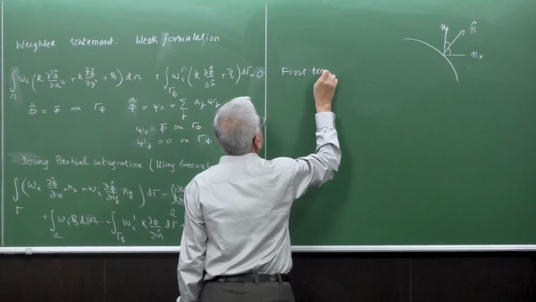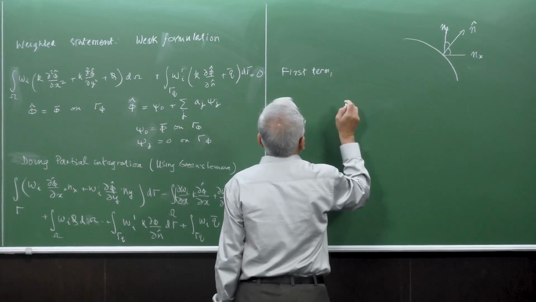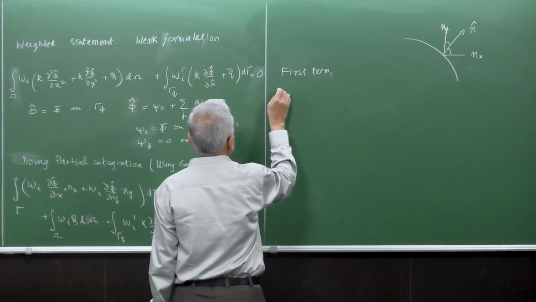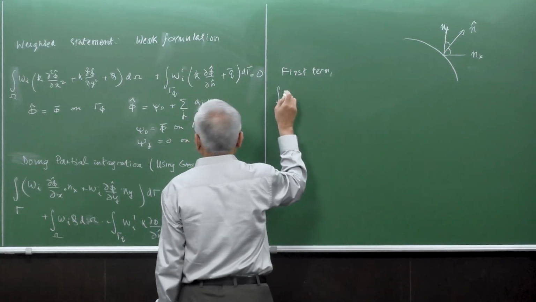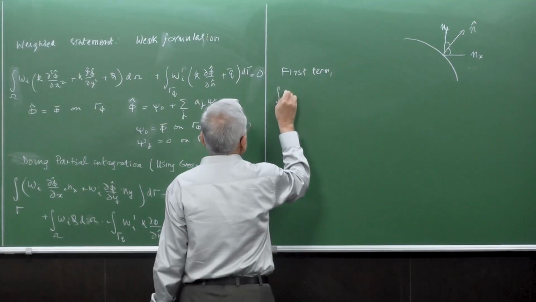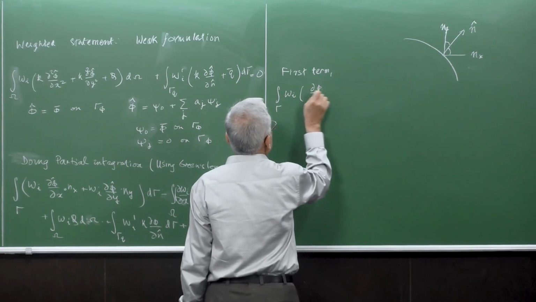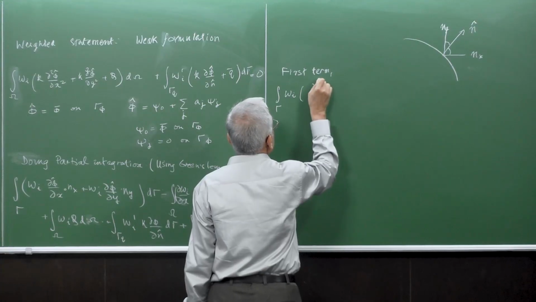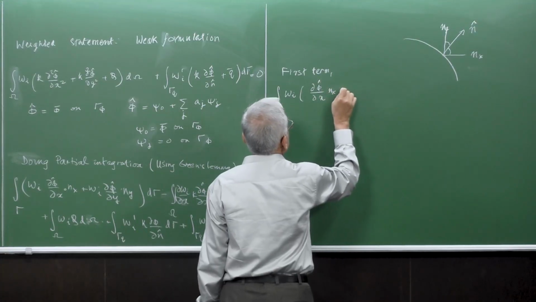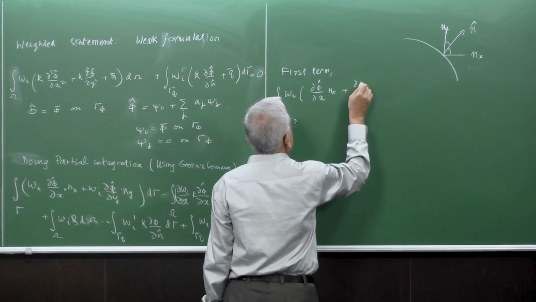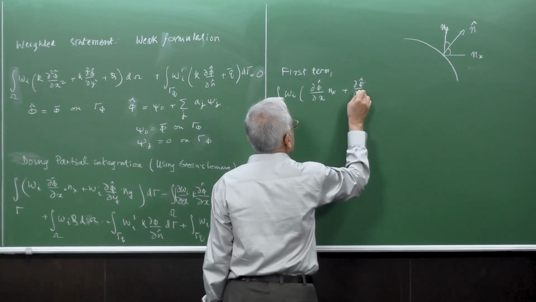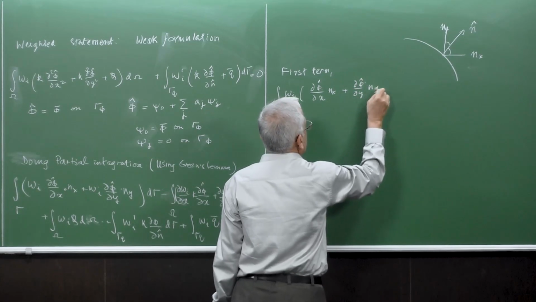All right. So if that is the case, let's simplify the first term, and that is like this one. I'll just take wi common, dou phi by dou x nx, dou phi by dou y ny.